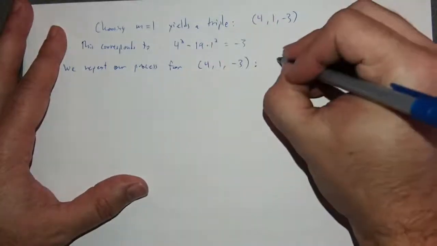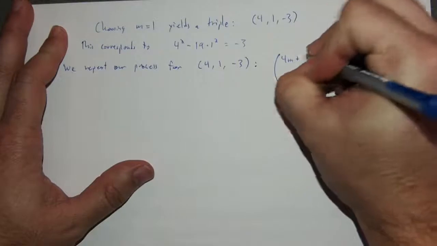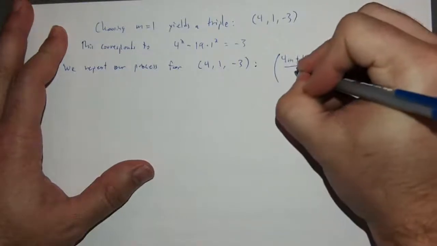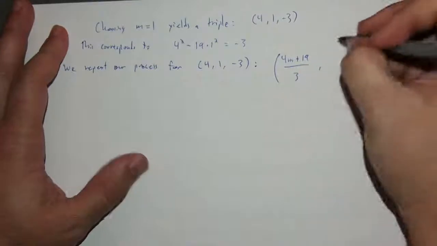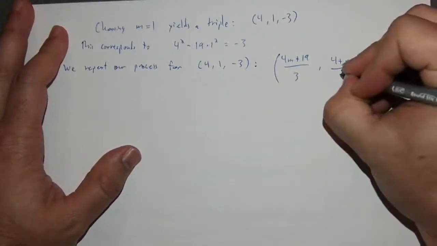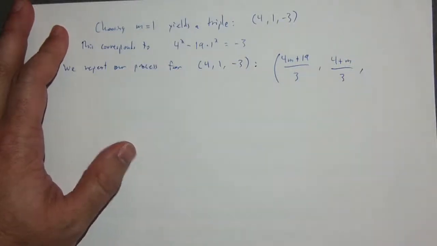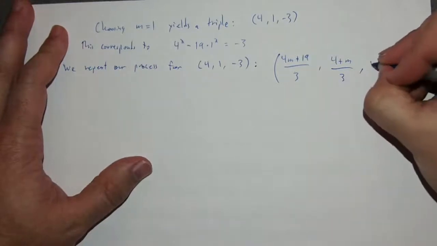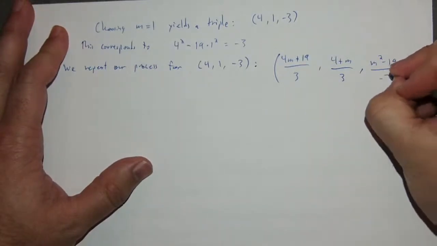So I get the triple: 4m + 19 over the absolute value of minus 3, which is positive 3. In the next slot, I have 4 + m over the absolute value of k, which is 3. And in the last slot, I have (m squared minus 19) over k, which is minus 3.